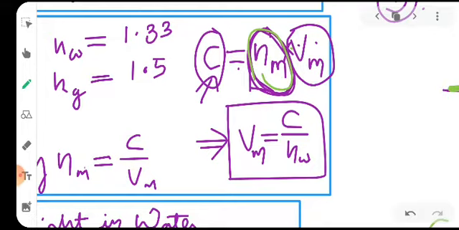That is what refractive index indicates: that light in vacuum moves faster by a factor equal to the refractive index of the given medium.